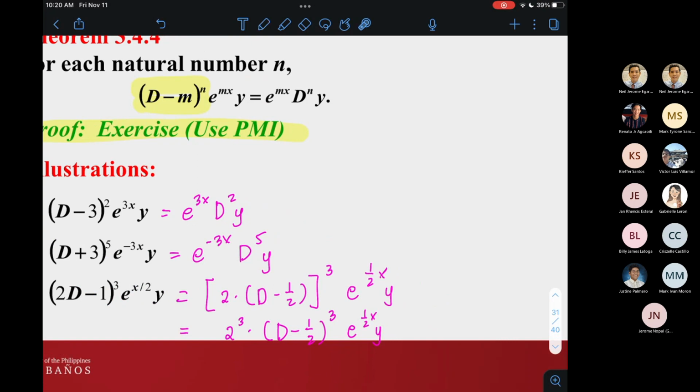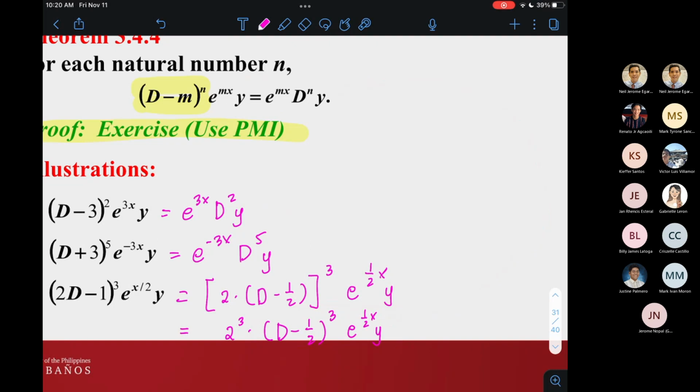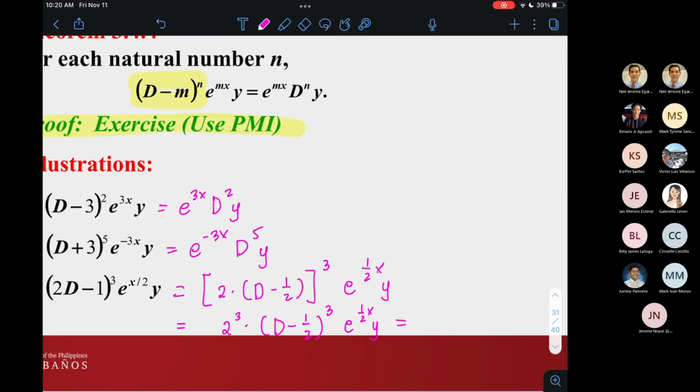And look at this now. The operator is d minus 1/2 or d minus m, where m is 1/2. 1/2 happens to be the exponent or the coefficient to the exponent of e. So at this particular point, mag-a-apply yung theorem 3.4.4 dito sa expression na to. All right? Essentially, this will be 2 cubed, which is 8. Tapos lalabas yung e to the 1/2 x.